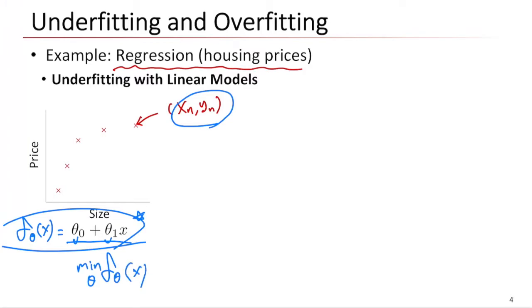Then this optimal parameter makes a straight line like this, because this straight line will approximate those samples. Here is some error between the estimated value and the ground truth, right?